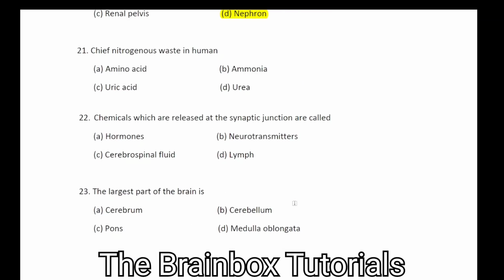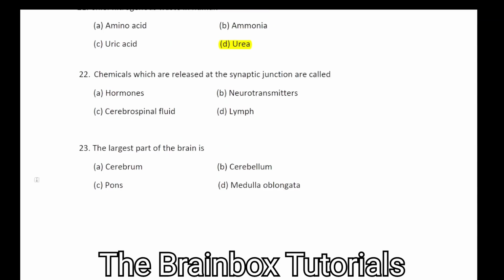Now 21, chief nitrogenous waste in human. Options are A, amino acid, B, ammonia, C, uric acid, D, urea. And the correct option is D, urea, that is chief nitrogenous waste.